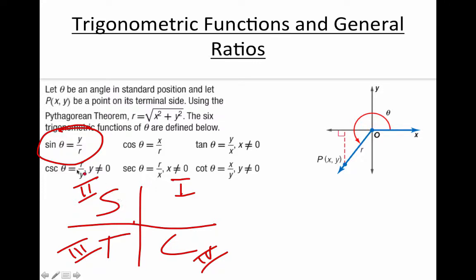So these letters tell which of the sine, cosine, and tangent will be positive in each individual quadrant. Down here, the cosine is positive in quadrant 4 because it's the x-coordinate. And the value of r will always be positive because we are talking about the Pythagorean theorem, which means we had to square two values and then take the square root of the sum of them in order to get the value of r. The tangent is positive in quadrant 3 because it's the y-coordinate over the x-coordinate.